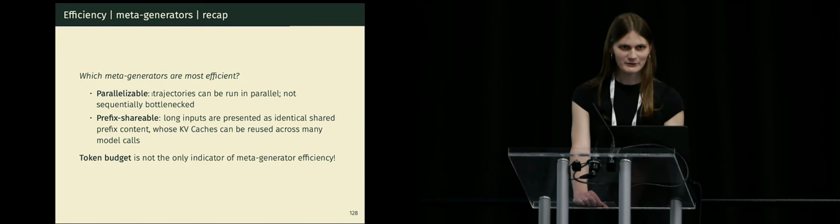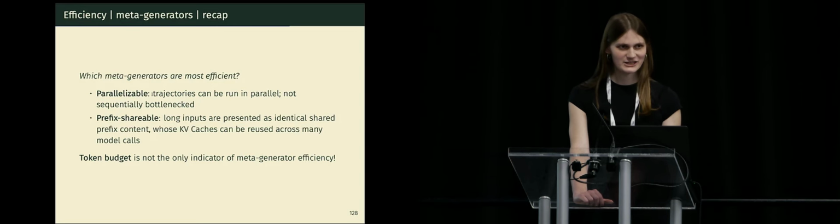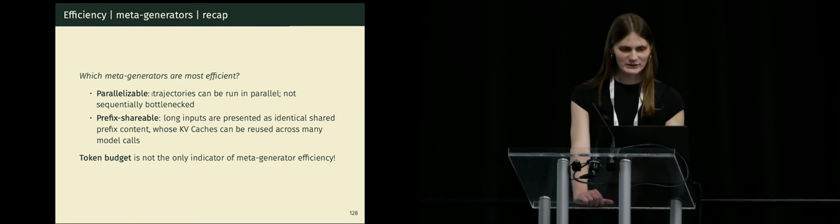Now, to recap what we've covered and think about which meta-generators are the most efficient: the ones that are most efficient have a parallel pattern, where if we're running n trajectories and calls to a language model, we can do all n in parallel and not sequentially bottleneck our generation speed by waiting for the results of one call to perform another call based on it.